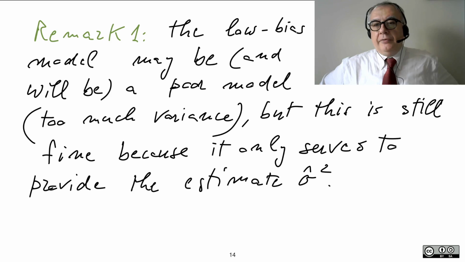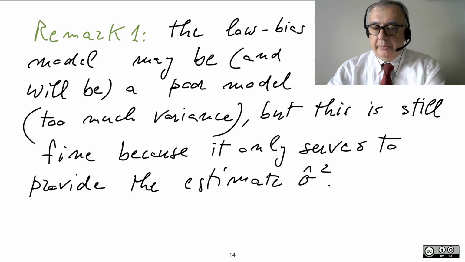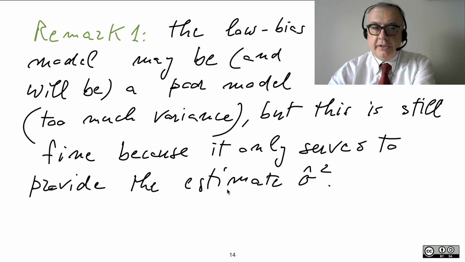Of course, you must be careful that the overparameterization is such that you can still compute your estimate, because if you are really exceeding with the number of parameters, the overall estimation procedure could become unstable. So overparameterized, but not too much. And you can also try different levels of overparameterization and see whether the estimate of sigma squared stabilizes. So you will try several models with many parameters, and you should see that the estimated sigma squared is not going to change that much.